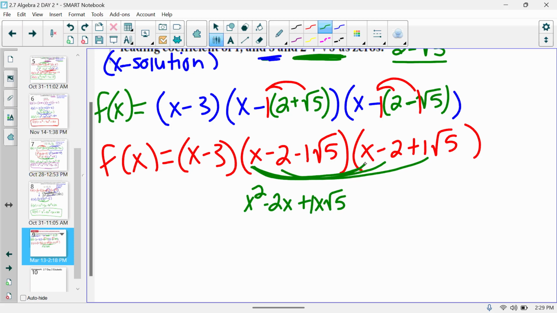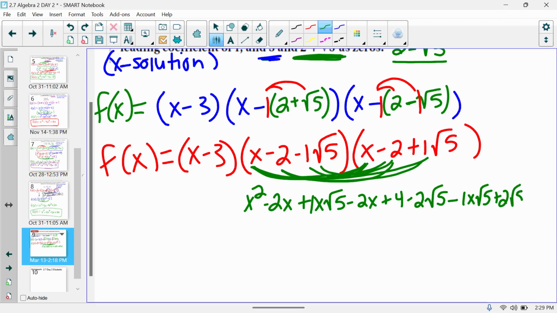Move on to -2 times x. -2 times -2 is +4. And -2 times 1 radical 5 is -2 radical 5. And then -1 radical 5 times x is -1x radical 5. -1 radical 5 times -2 is +2 radical 5.